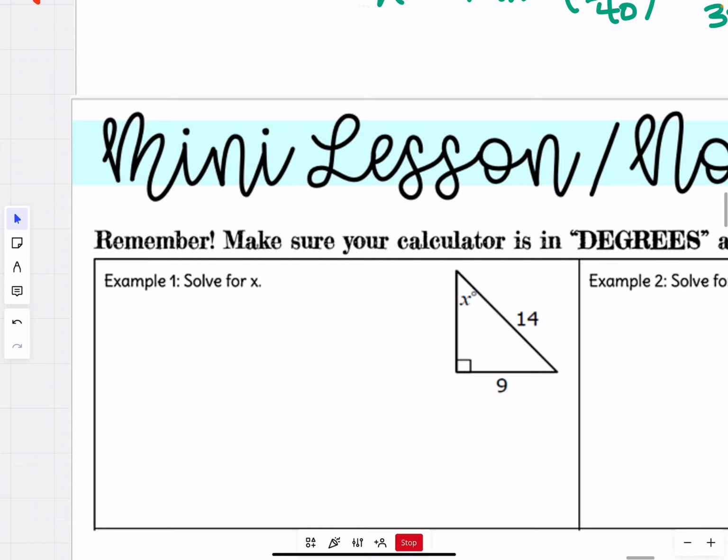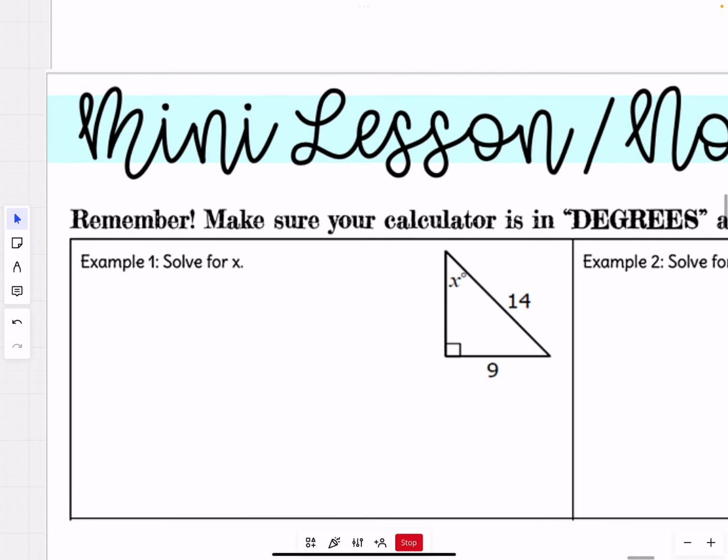Let's start with this one. So let's look at the angle measure we have here. So we've got some trig function, I'm not sure which one, of x degrees is equal to something over something. And what are those somethings? What do we know?